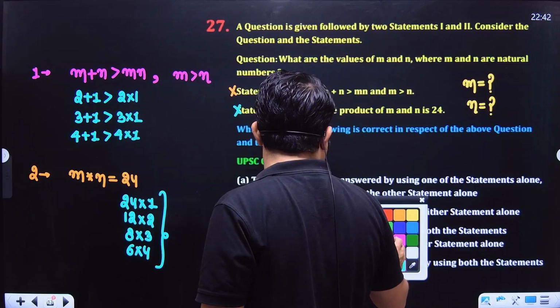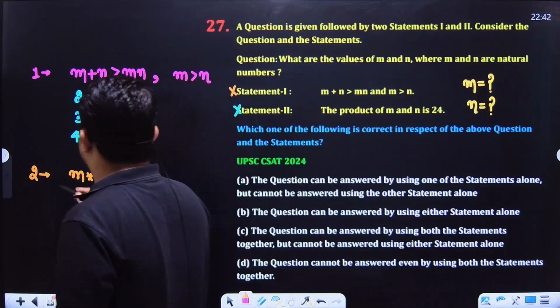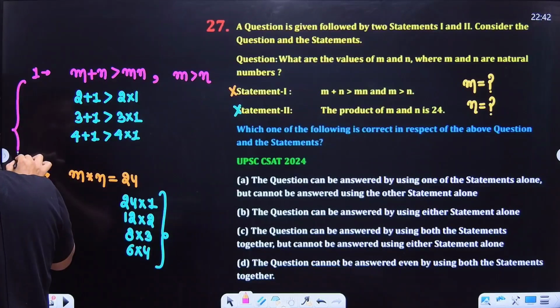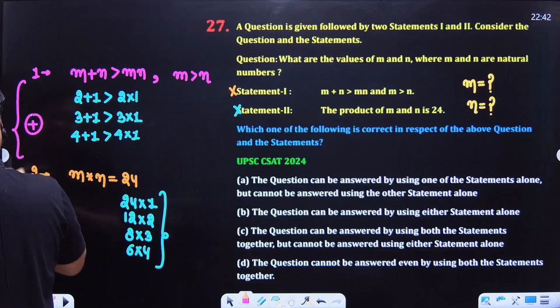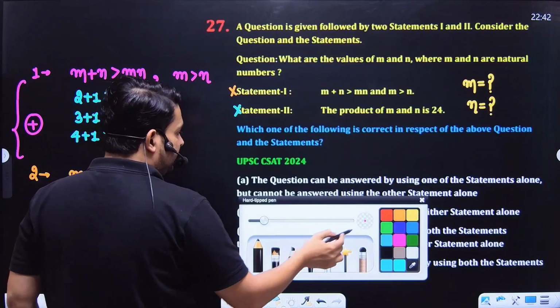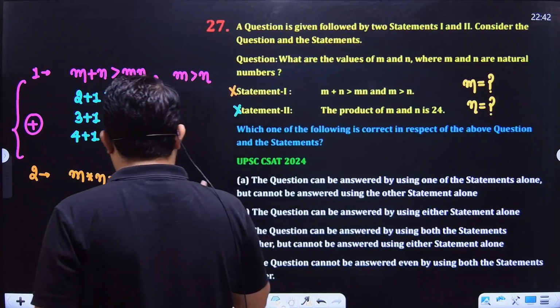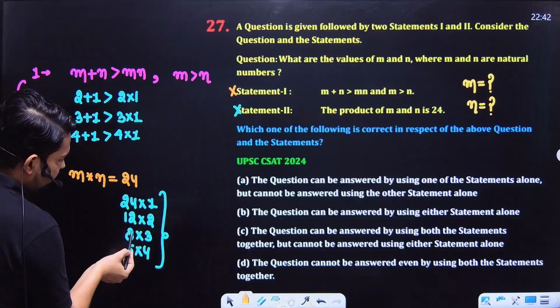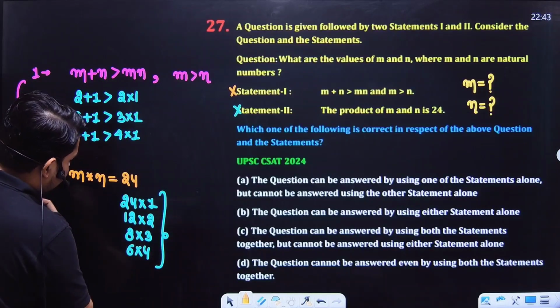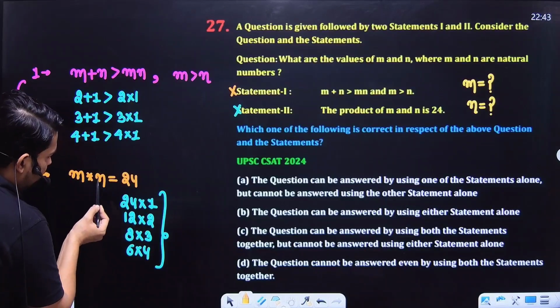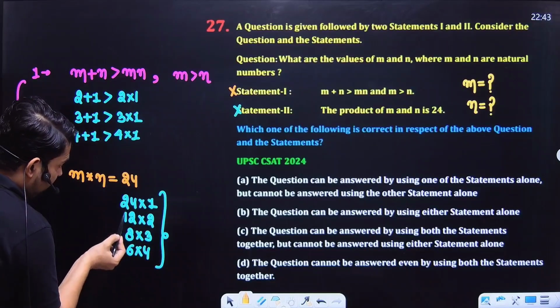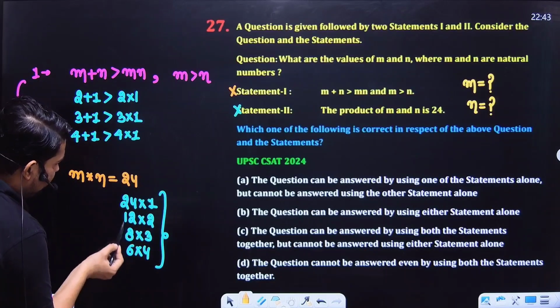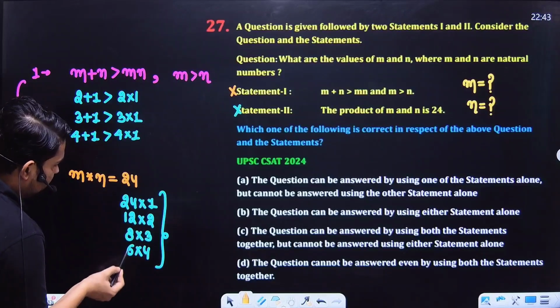If I combine these two statements, from the first statement I get that m is greater than n, so I can take only these four pairs: m equal to 24, n equal to 1; m equal to 12, n equal to 2; m equal to 8, n equal to 3; m equal to 6, n equal to 4.